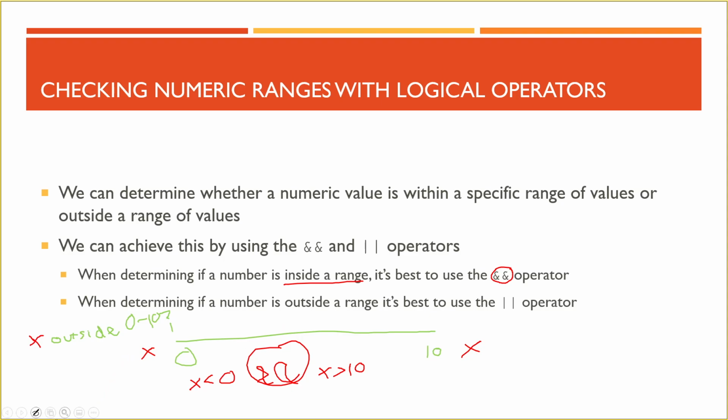That's why we need to use logical OR. So what our OR operator says, x is less than 0 or it's greater than 10. So x is either over here or it's over here, but it's not in both places at once. So that's kind of why we do that. And there is a good example of this in the code examples video.